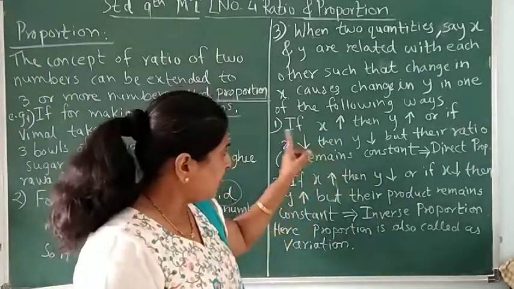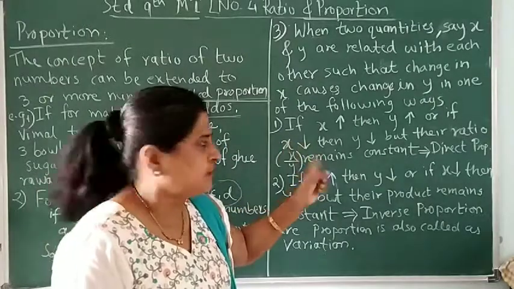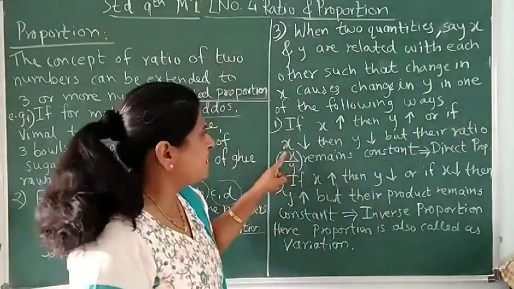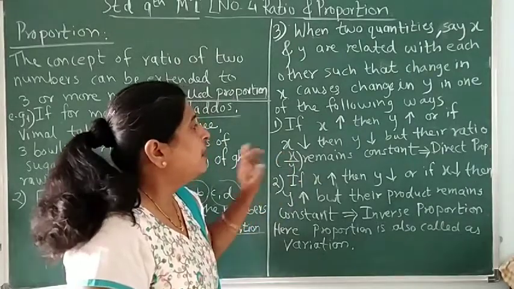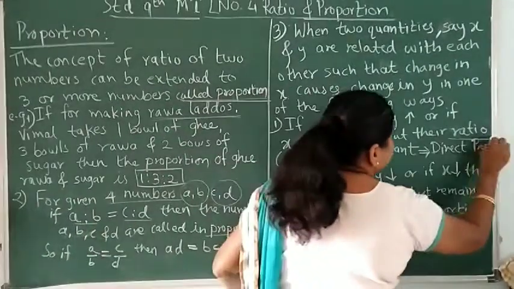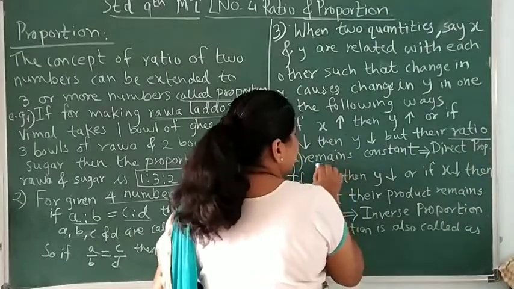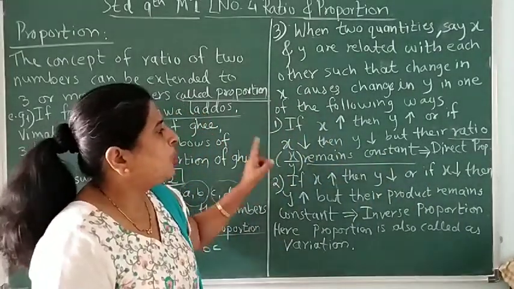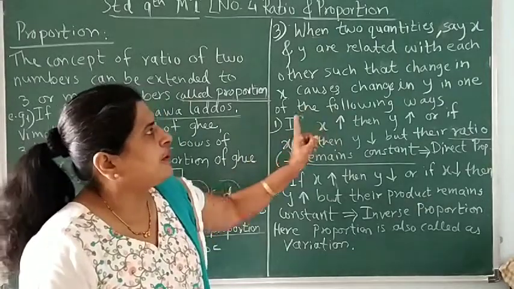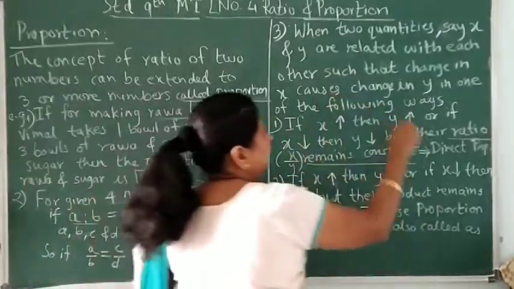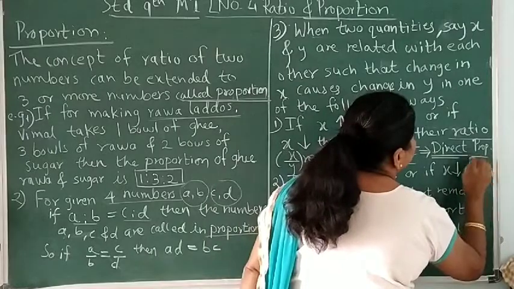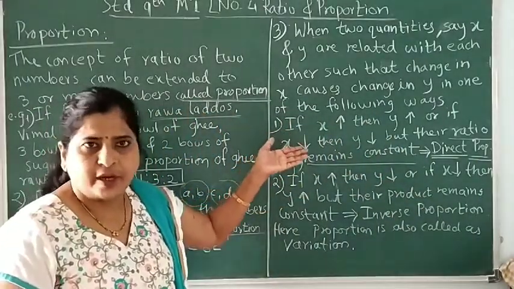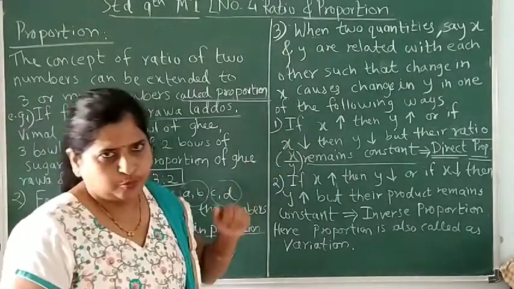But one more thing here: their ratio, x upon y, remains constant. So both behave in the same direction, but their ratio remains constant. In that case, we say these two quantities x and y are in direct proportion. So when we find such a relation, we have direct proportion.